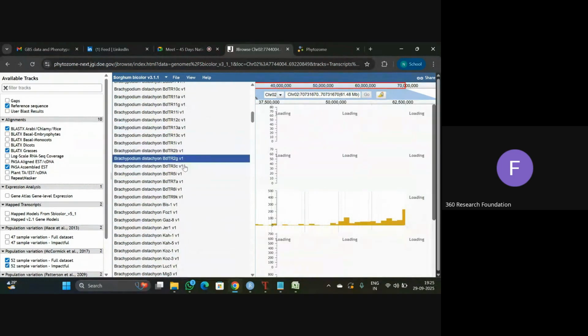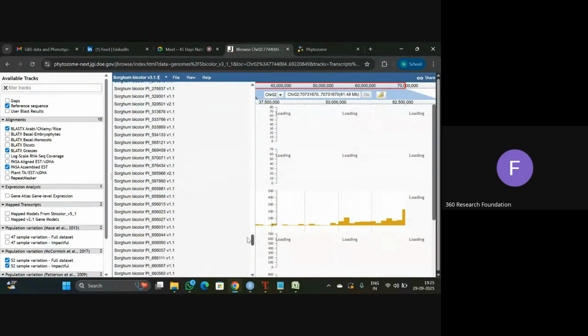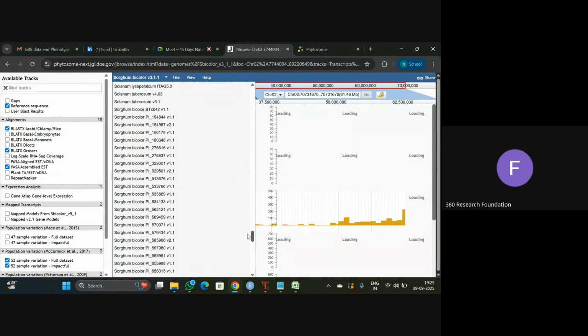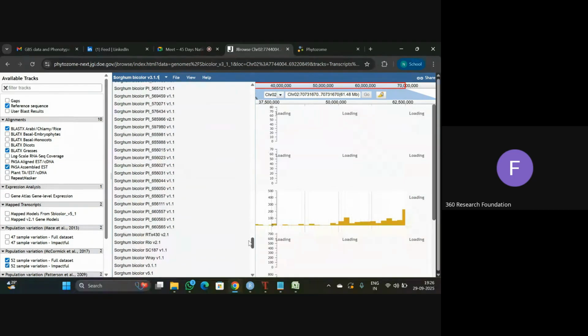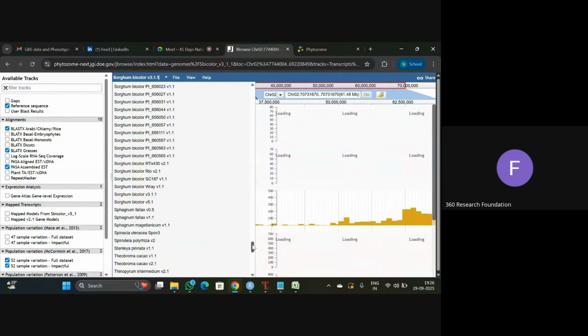That's why you will find many more entries of 1.1 here, as that was the first version of assembly for sorghum. Okay, sir, and these many versions are with respect to the different accessions of germplasm. Yeah, you can read the names. Names are different.